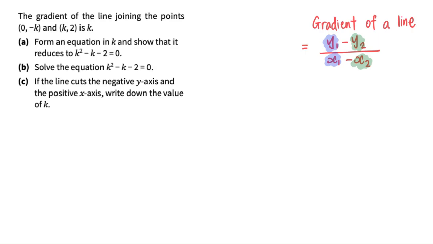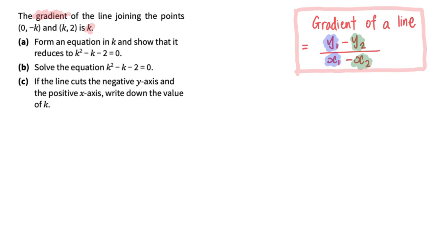Hello everyone, welcome to this video where we are given that the gradient of 2 points is k, okay? And therefore, at the back of my mind, at the right hand side of this video, you will see this formula for gradient of a line.